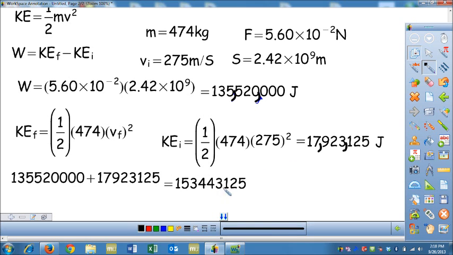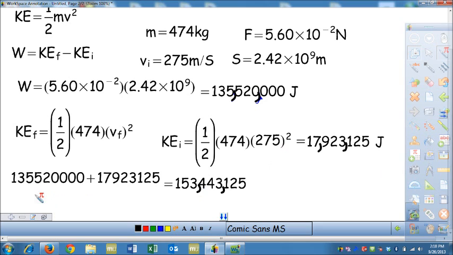Is that what you got? Okay, so that is going to be our final kinetic energy. See, this here was kinetic energy initial, and this here is work. So this here is kinetic energy final.